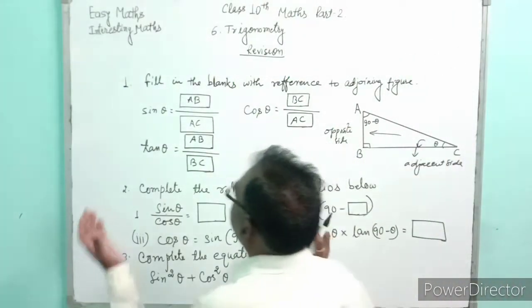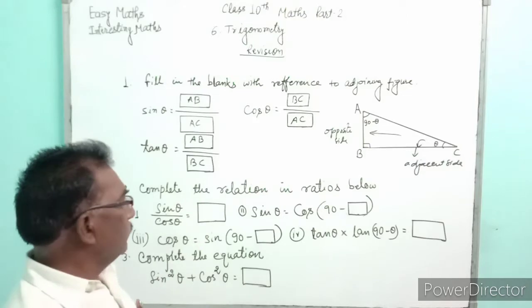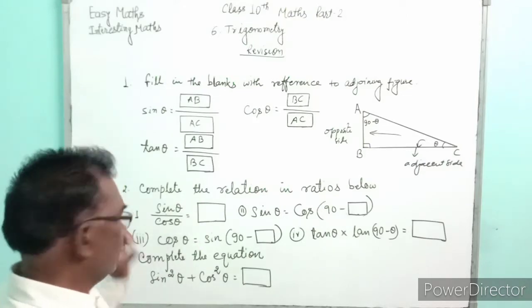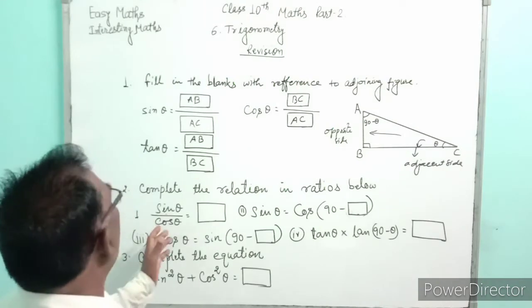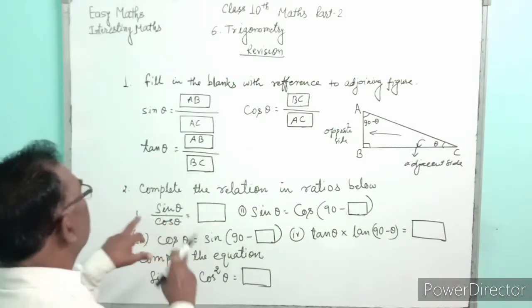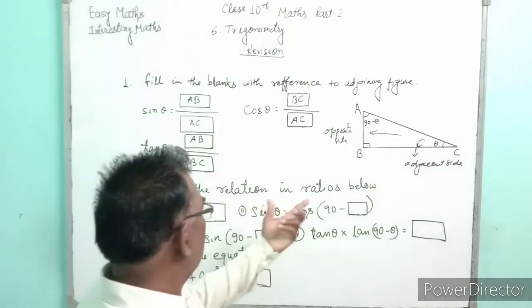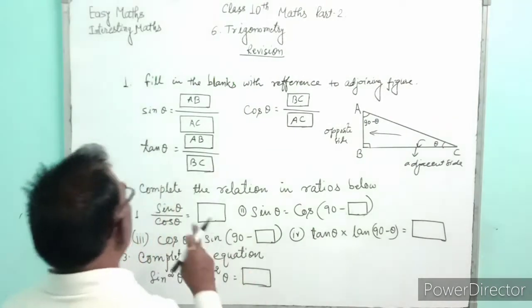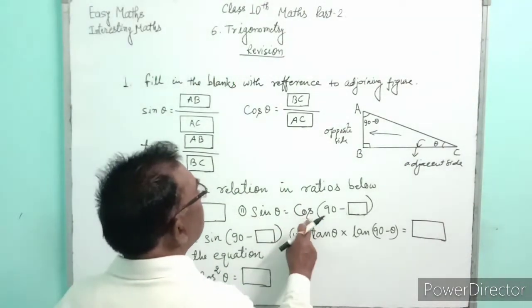Let us see problem number 2. Complete the relation in the ratios below. So we have to write the relation between the ratios, sin ratio and cos ratio.